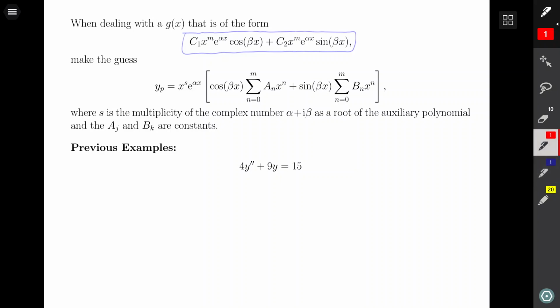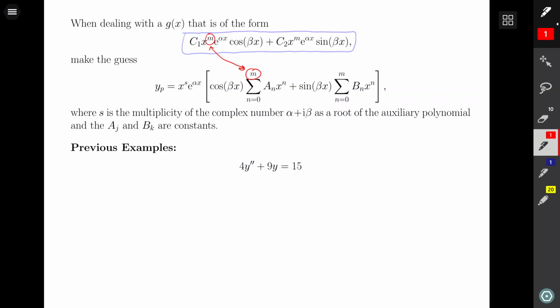So you always take something that looks like the thing inside that bluish, purplish box and make a guess that looks similar to it. The sum here means that you include the highest power and everything underneath it, 0 to m. And you do that for both sine and cosine.